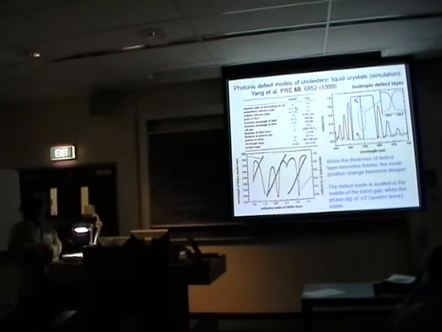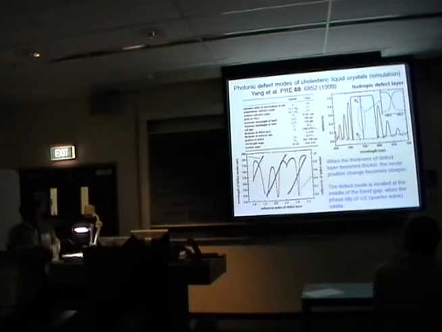When the thickness of the defect layer becomes thicker, the mode position changes become steeper. And the defect mode is located in the middle of the bandgap when the phase sweep is pi over 2.